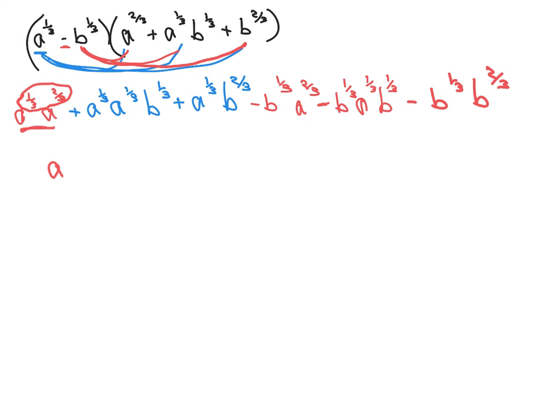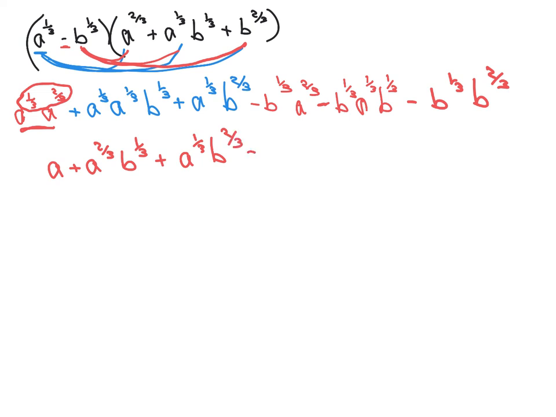Okay, let's look at what else we've got here. We've got a, b. Okay, so let's go ahead and add these. So that's going to be plus a to the 2/3, b to the 1/3. So we're just combining. Plus, can't do anything with this one. There's nothing to combine.